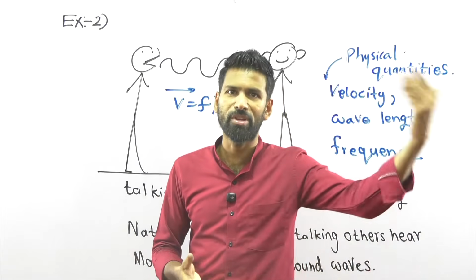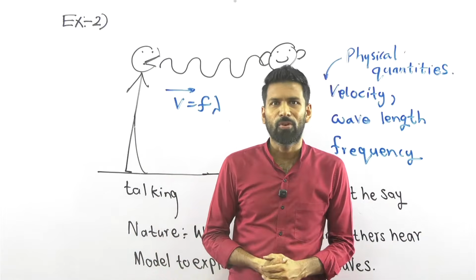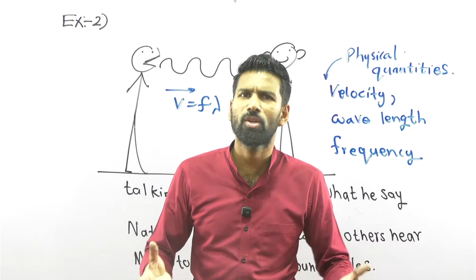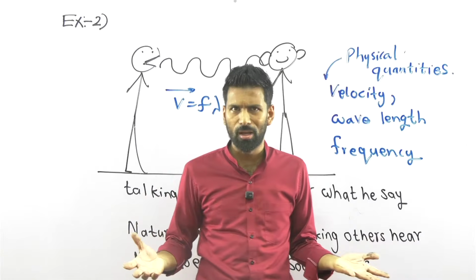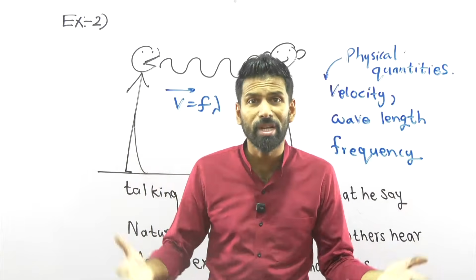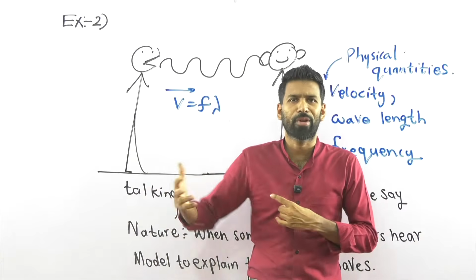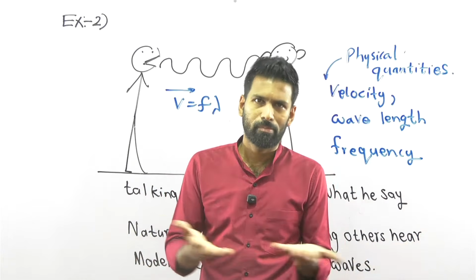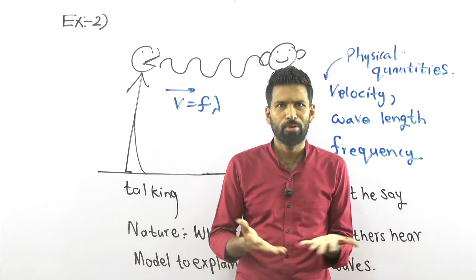For force, we have newtons. For time, we have seconds. But for hunger, do we have an exact way to measure it? No. To measure color, do we have a unit? 5 kilos of red, 10 seconds of red? No, we don't have a unit.